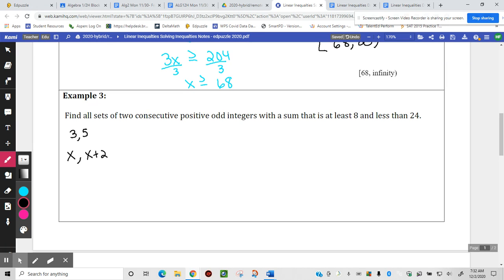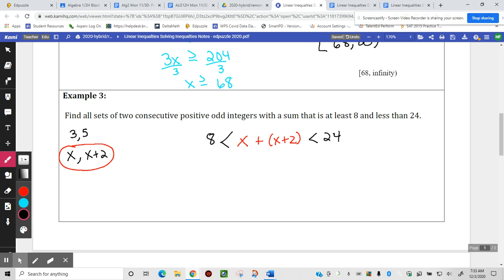All right, so I know that I'm talking about these 2 consecutive positive odd integers, and I want their sum. Great. So x plus x plus 2, there's their sum. I want it to be at least 8 and less than 24. The least amount it could be is 8.